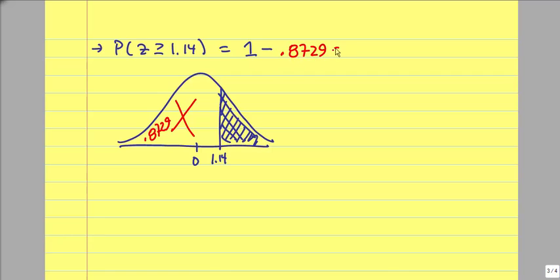And then to find my shaded area, I just go ahead and take 1 minus that value of 0.8729, and I get 0.1271. So this is my answer. So this is the area of interest, 0.1271.